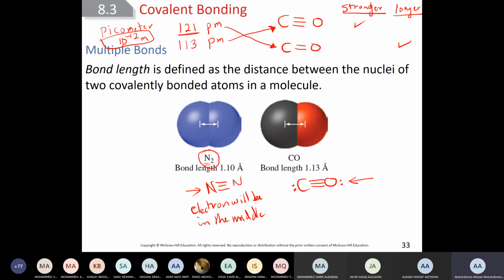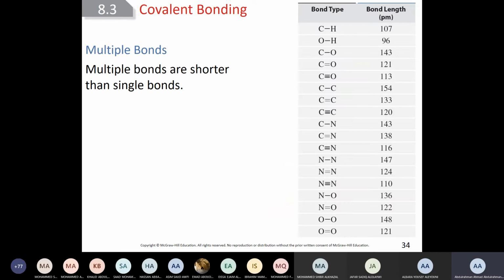These values were actually calculated, and we have this table. Don't memorize any numbers, but you should be able to compare between things. Which one of these three will be the shortest bond? Definitely number three, the triple.